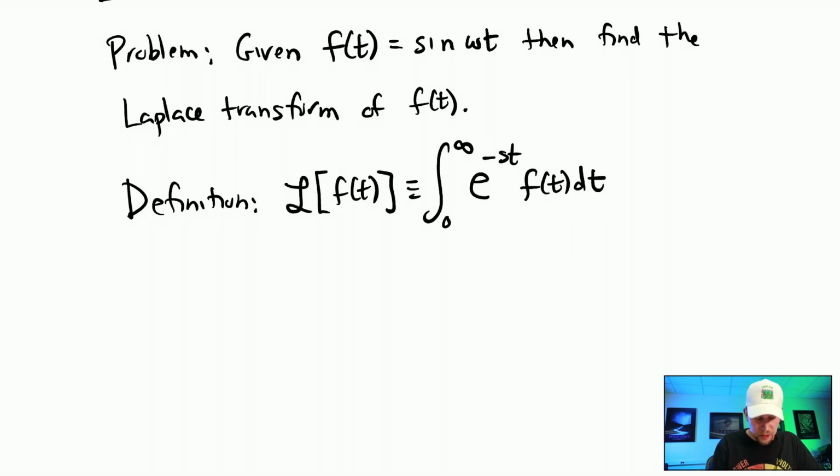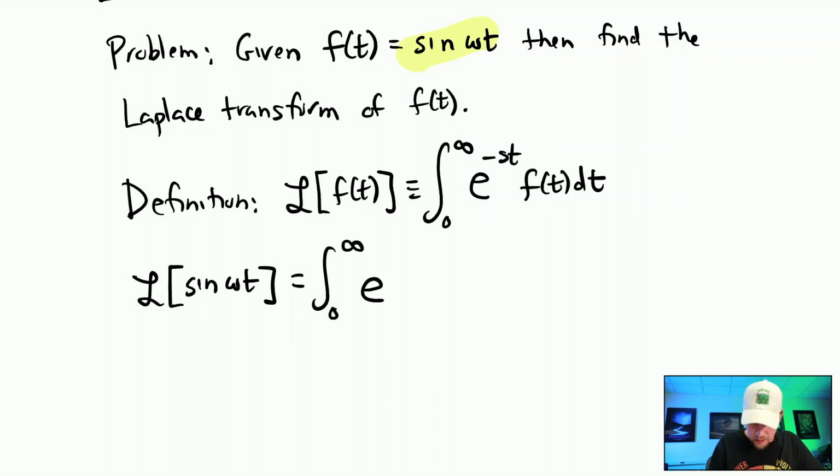And I'm going to just plug in sine omega t. So here, the Laplace transform of sine omega t is the integral from 0 to infinity of e to the minus st times sine omega t dt.